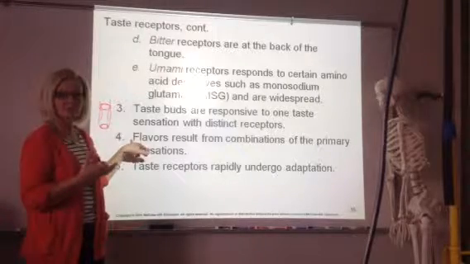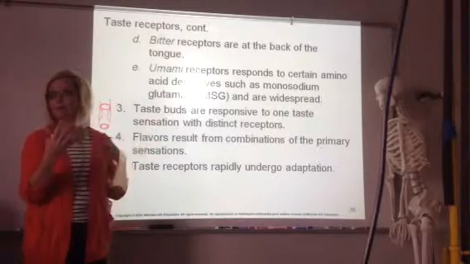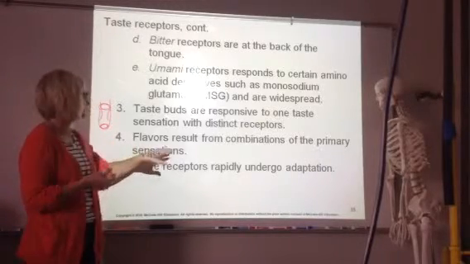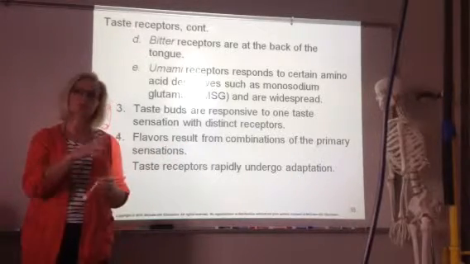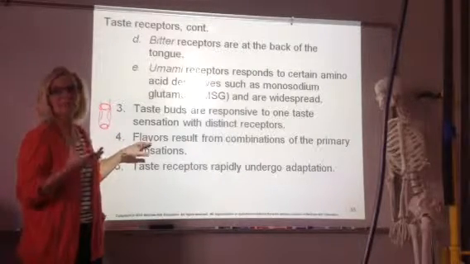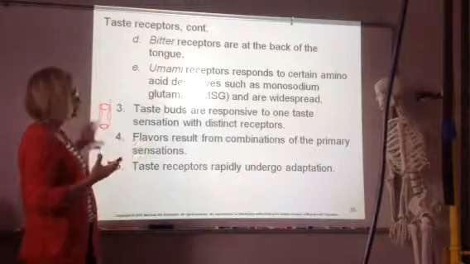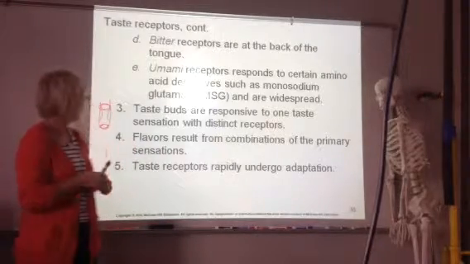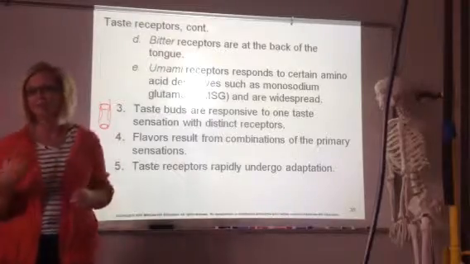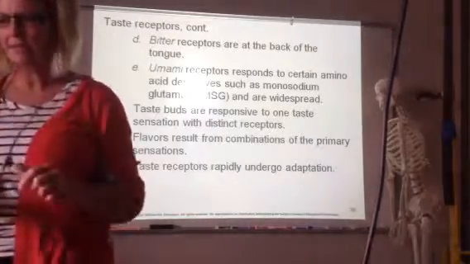Actual flavors result from the combination of all of those mixing together, and which is stronger and which is weaker. So when you eat most food, it's a mixture of all of them. Taste receptors are also fairly quick at undergoing adaptation.